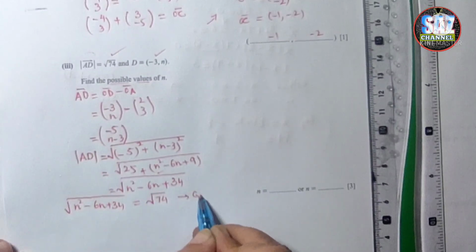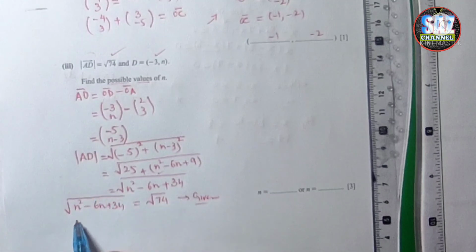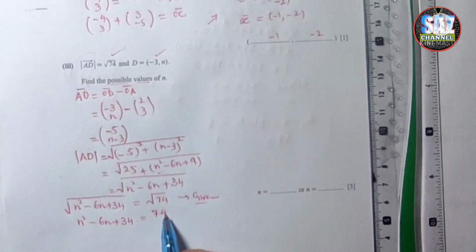Okay, now in order to find the value of n, we have to remove the square root symbol, and for that purpose we have to take the square on both sides. n square minus 6n plus 34 equals 74.